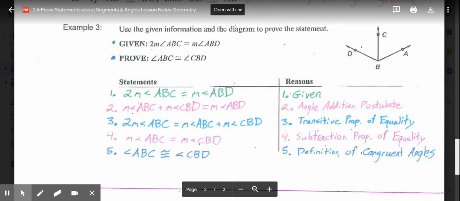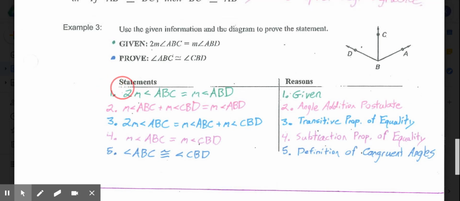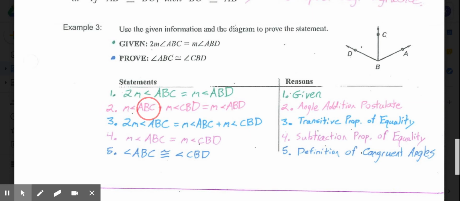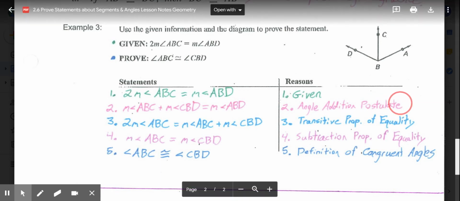So first things first, we always start with our given. So just rewriting the given statement, 2 times the measure of angle ABC equals the measure of angle ABD. Reason is given. For step 2, the measure of angle ABC plus the measure of angle CBD equals the measure of ABD. And that's going way back to our angle addition postulate.